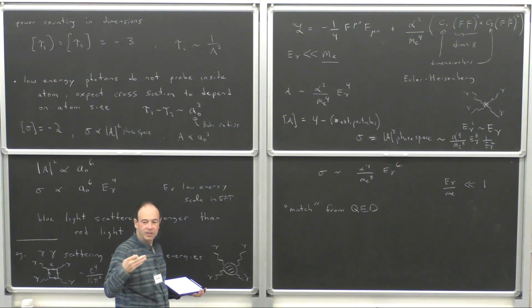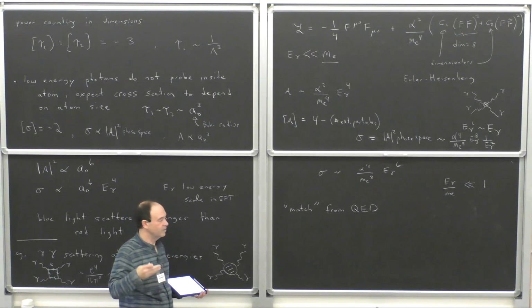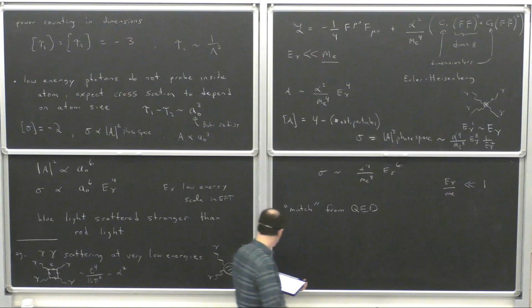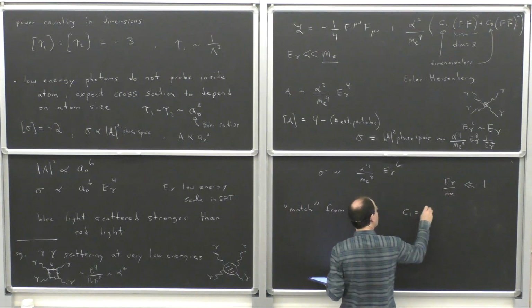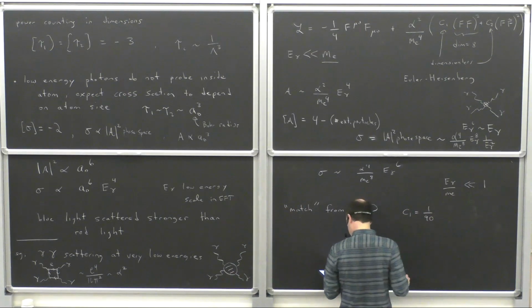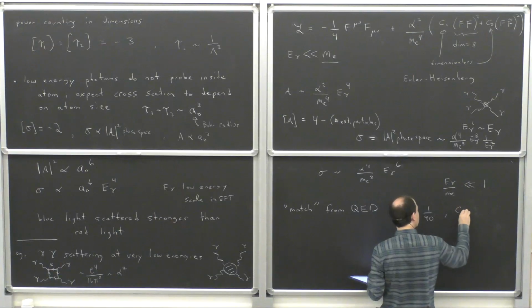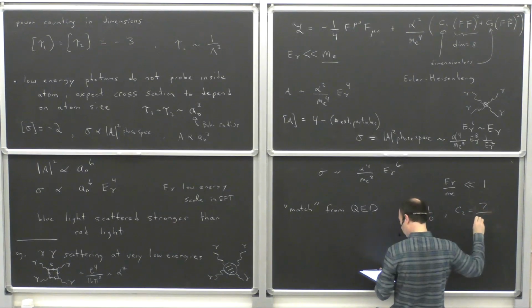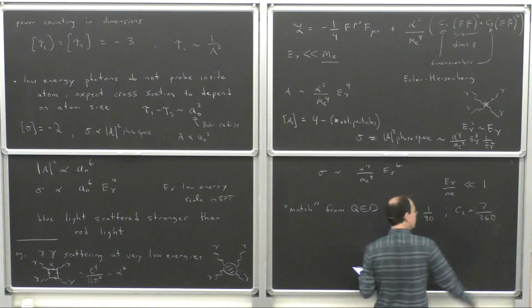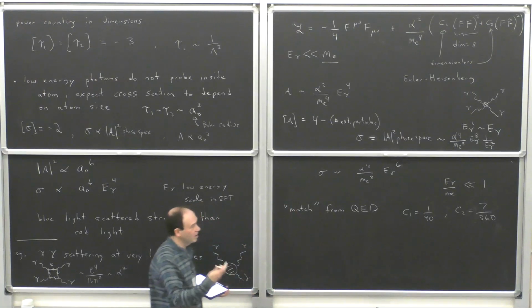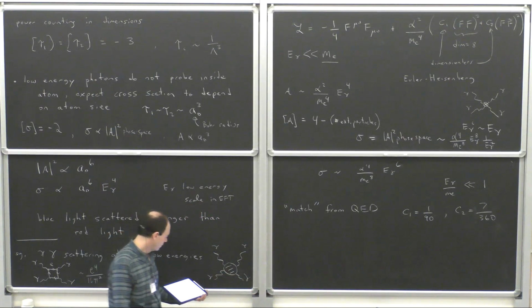And we do a calculation in that theory to determine the coefficients of the low energy effective theory. Okay, if we do that, it turns out that C1 is 1 over 90, and C2 is 7 over 360. Some numbers, they actually further suppress the cross-section.